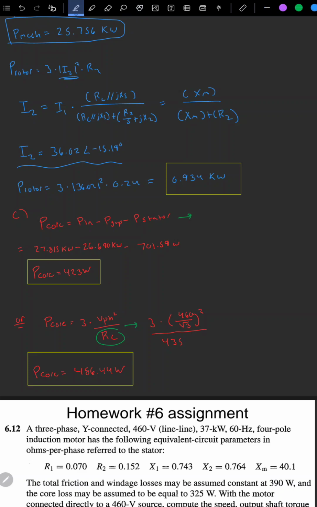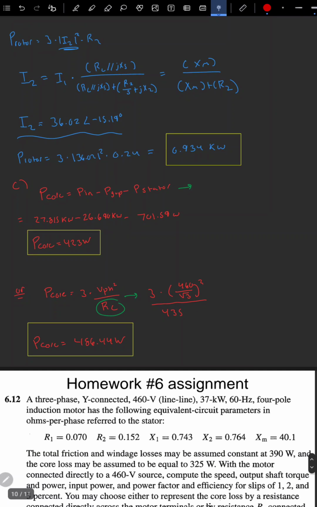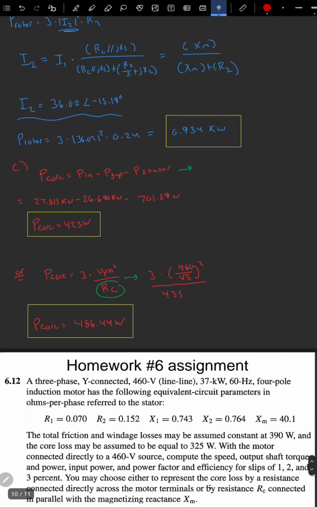This is another one of those things where you make the decision yourself. I personally haven't gone to talk to him in his office hours, but I don't think that would be a bad idea necessarily. This uses everything that we found earlier. It's taking the whole power in the core, taking your input power, minusing your air gap, and then minusing your stator power.